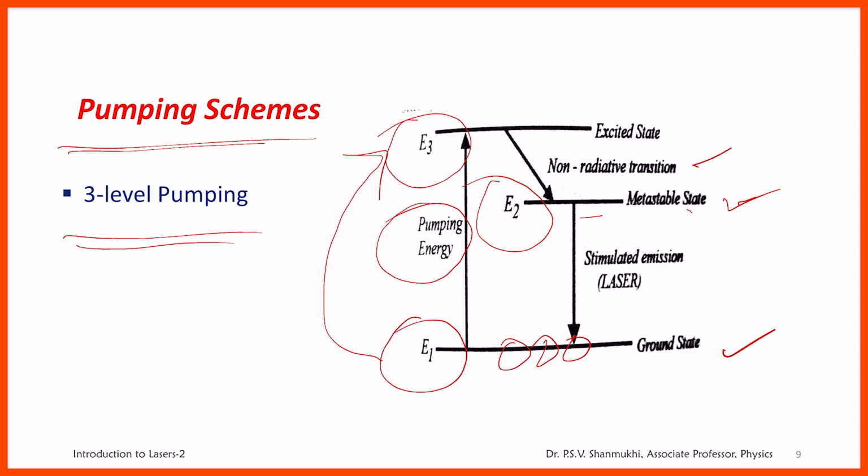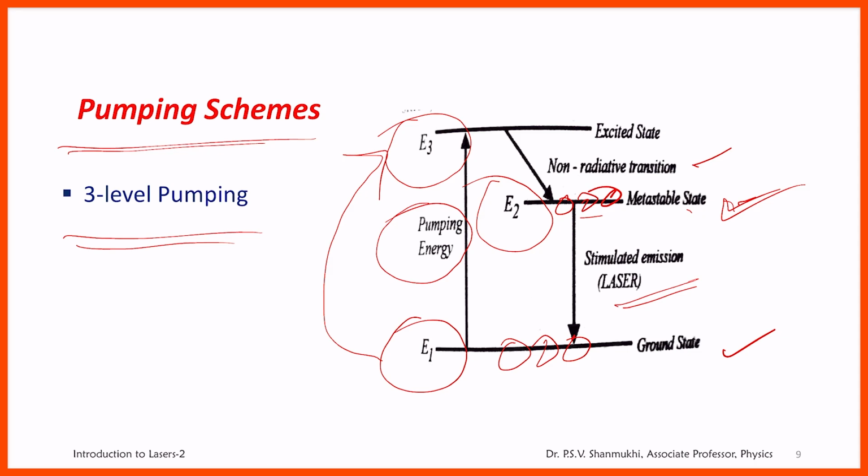Okay, the atoms or ions are coming to the energy state E2, the metastable state, which is an intermediately stable state. So they can stay for some time, not infinite time. Here, the atoms in the excited state should come to the ground state. Here we adopt one procedure that is called the laser process or lasing process.